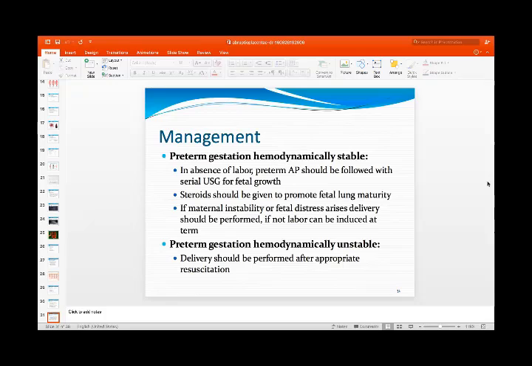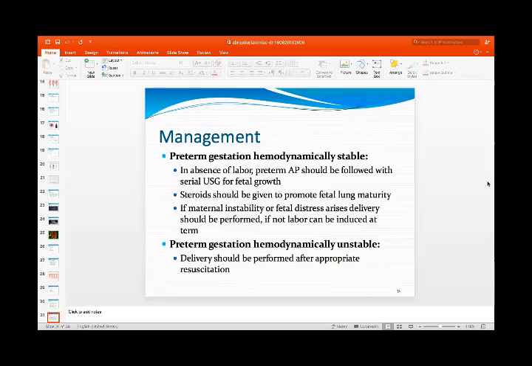We will do serial ultrasound scans to see the fetal growth and the retroplacental clot absorption. Steroids should be given to promote fetal lung maturity, so that if there is need of delivery, we can deliver the baby.